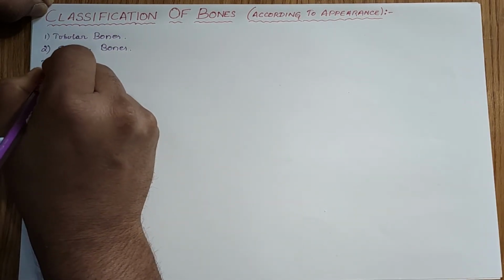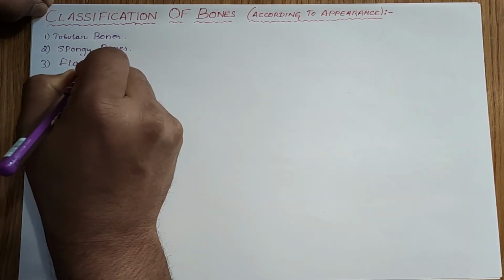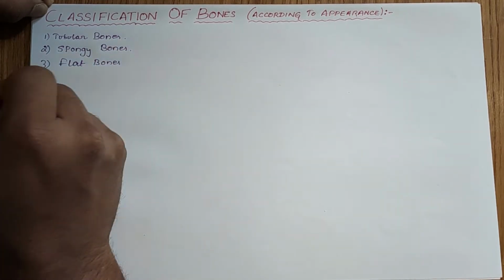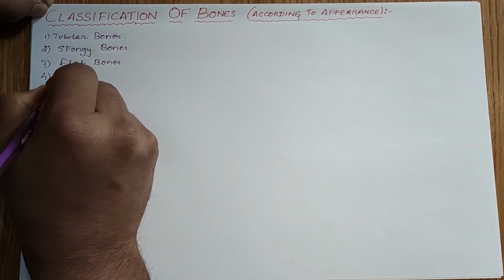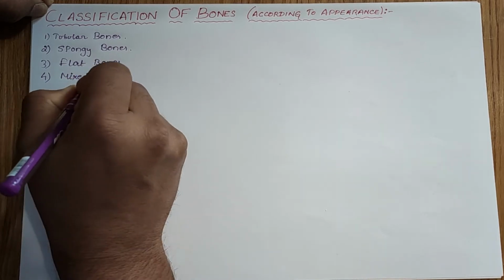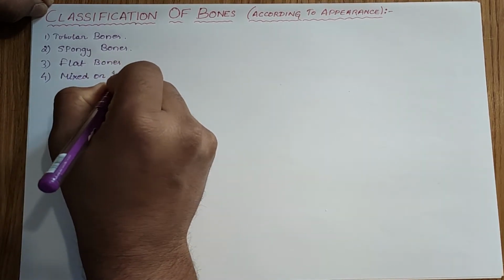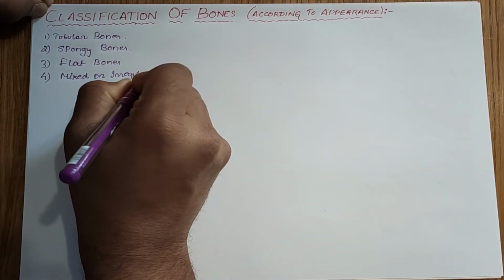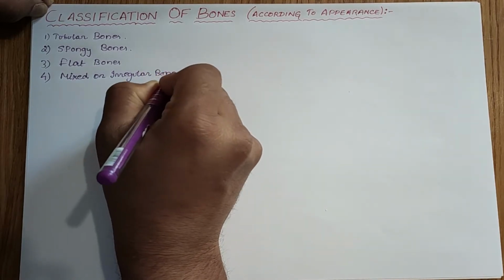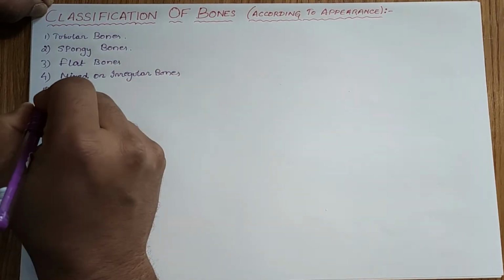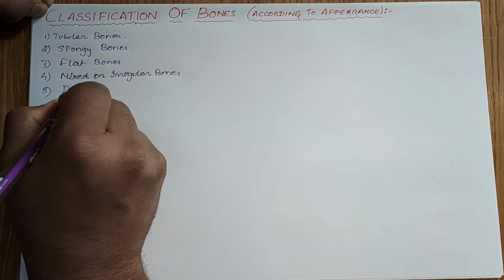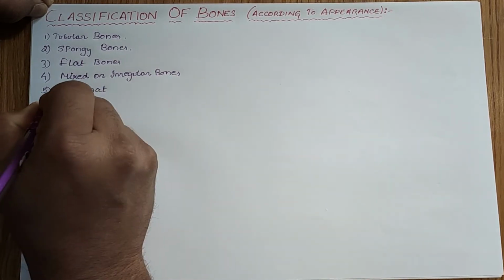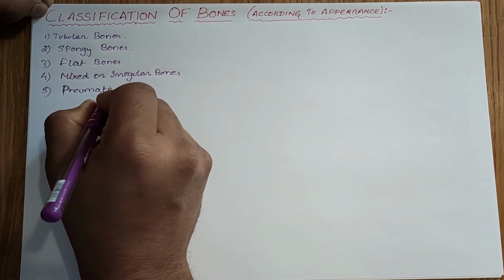Third is flat bones. Fourth is mixed or irregular bone. Then fifth is pneumatic bone.